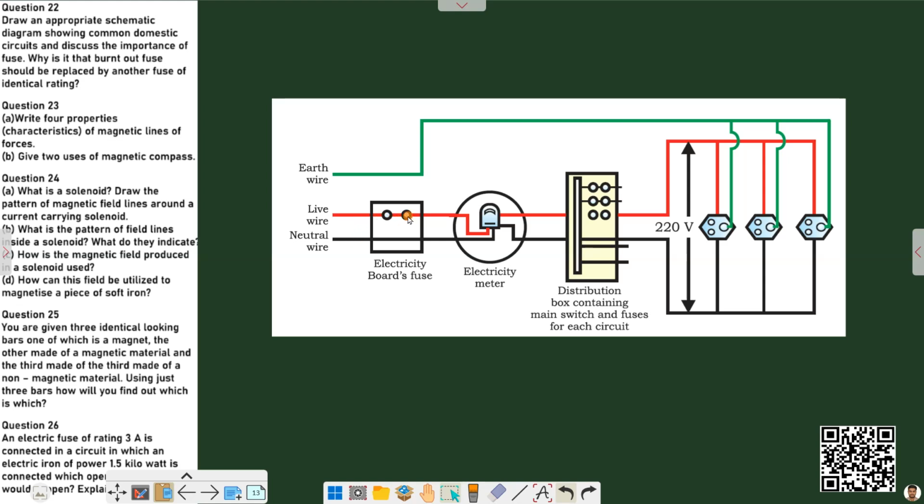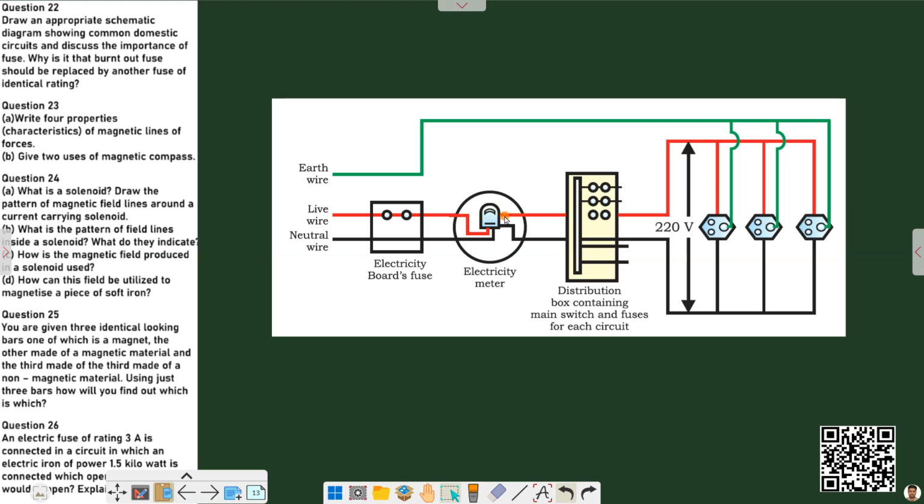So you can see that only the live wire is connected with the fuse, not the neutral wire, because most of the current flows through the live wire. So it is first connected through the fuse, then it is connected to the electric meter. This meter records the amount of electricity you are using on a daily basis, and then a monthly bill comes according to the reading of that meter.